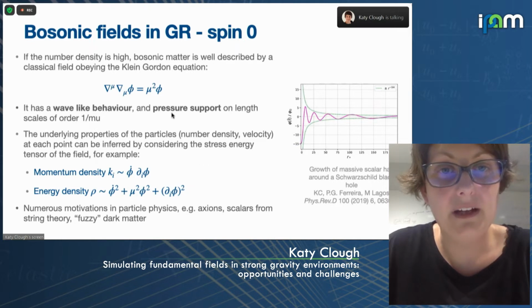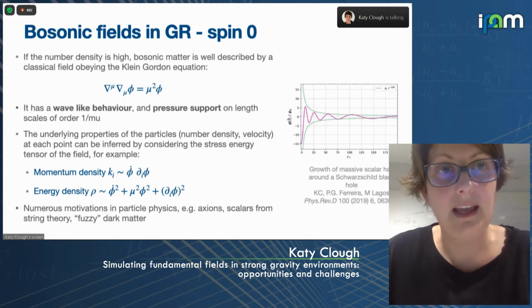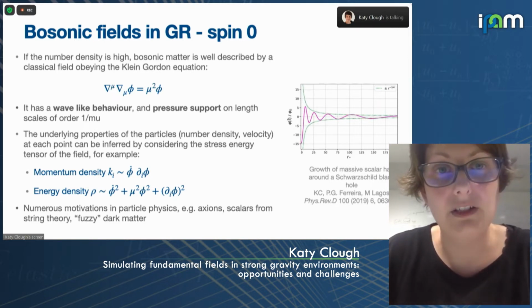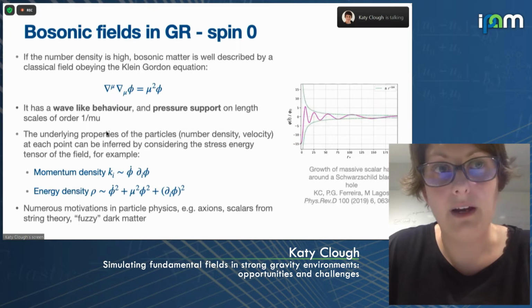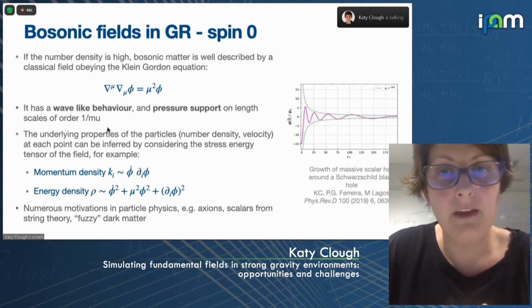And you actually have pressure support on length scales set by the mass of the scalar field. This is what can give you some support against the field collapsing into the black hole. Where the mass is very small, you can get very long-lived clouds around the black hole because of this kind of pressure support.